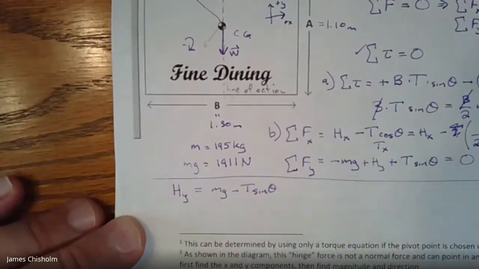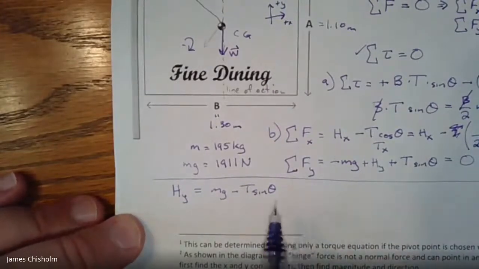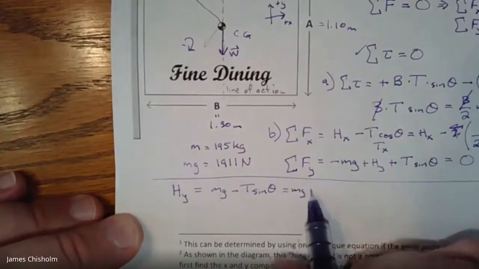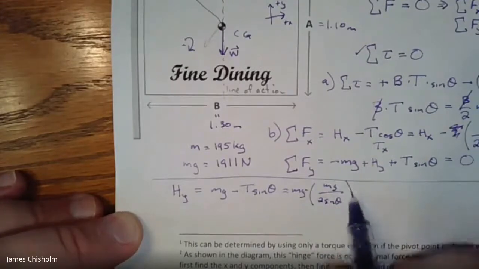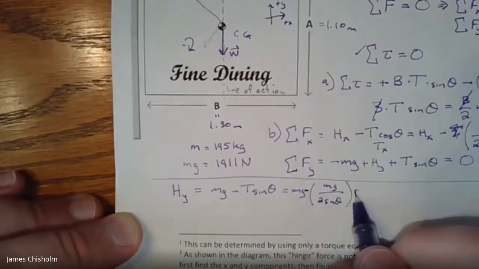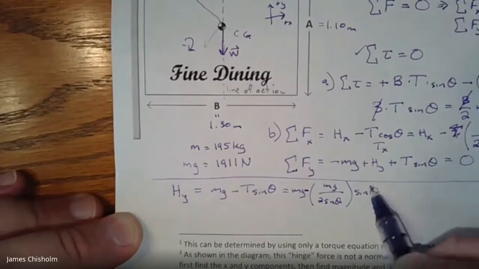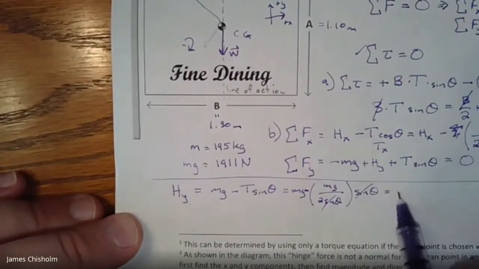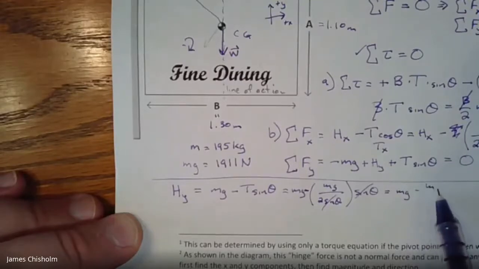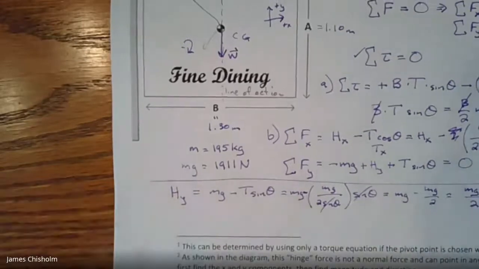Again, here's where it's nice that we kept things in terms of variables, because t I can write as mg over 2 sine theta, put a minus sign in there, minus times the sine of theta, and then sine of theta cancels out. And I'm just left with mg minus mg over 2, and my calculator is too far away, so I'll do that in my head. That just gives me mg over 2. It's supporting half of the weight.